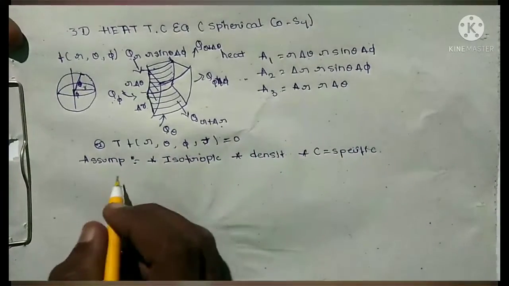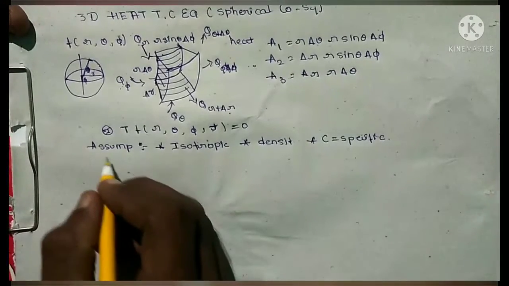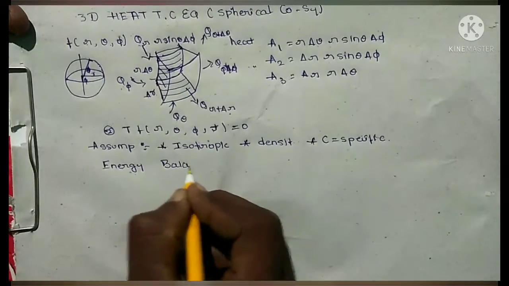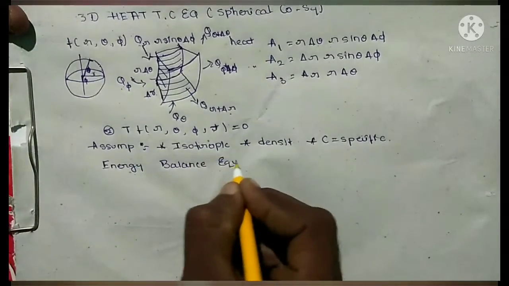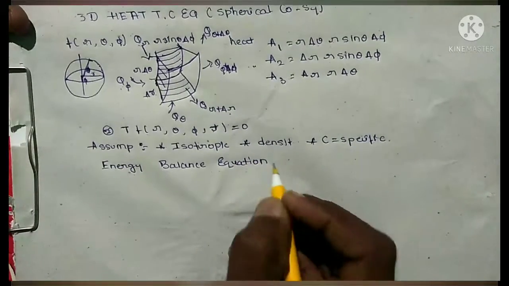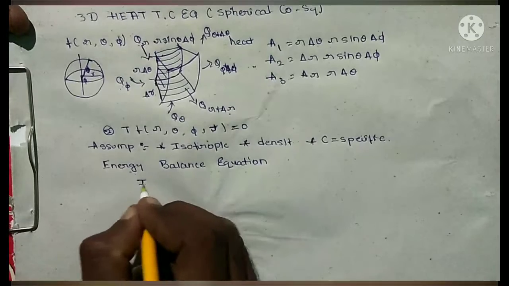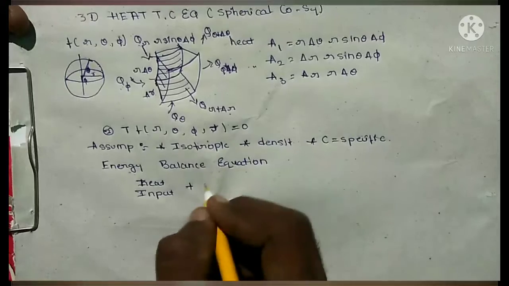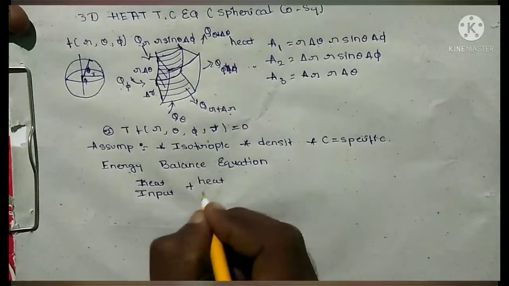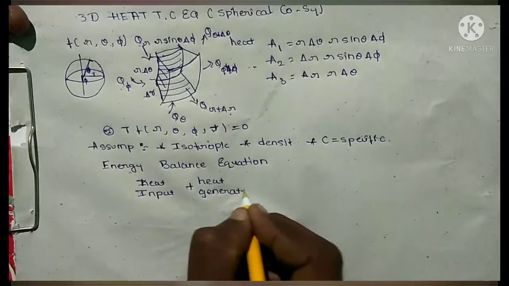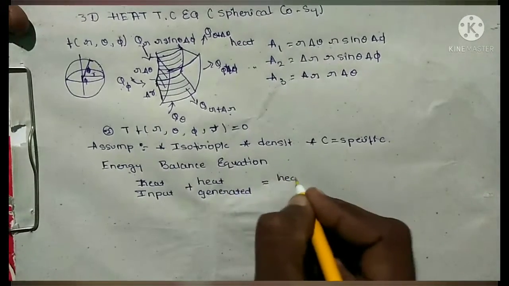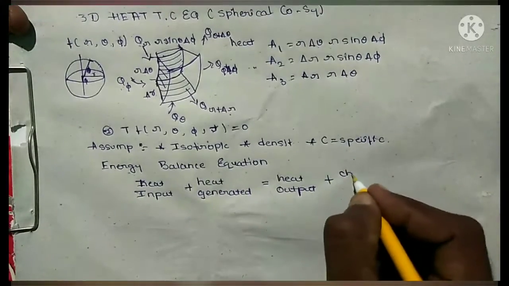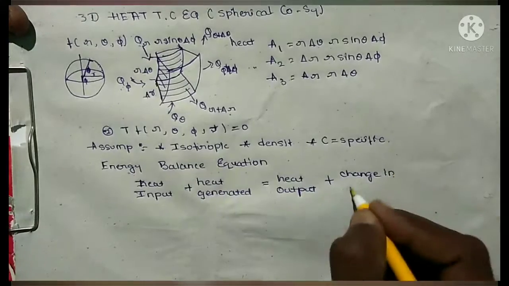Next, the third thing, the most important thing, is the energy balance equation. So it will tell us the fourth thing: heat input plus heat generated is equal to heat output plus change in energy.